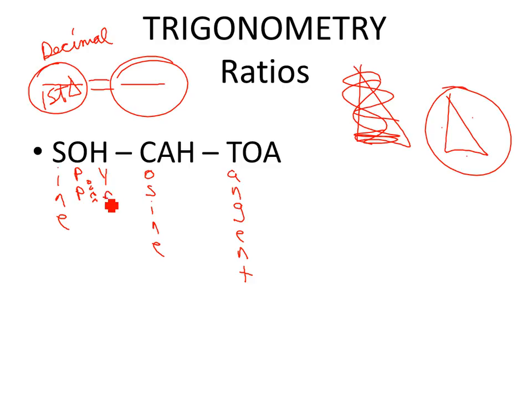So the sine ratio is the opposite leg on top, hypotenuse on bottom. Cosine is adjacent leg over hypotenuse. And tangent is opposite over adjacent. So those are your three trig ratios.